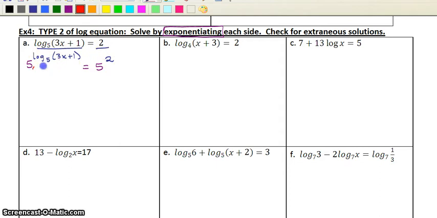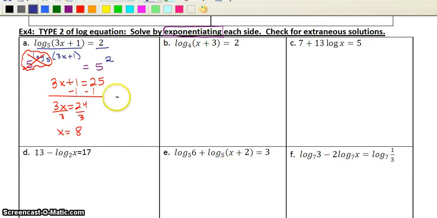This works because now this part, 5 to the log base 5 power, cancels itself. I just have 3x plus 1 equals, and then 5 squared, which is 25. Go through and solve it at this point. I end up with x equals 8.